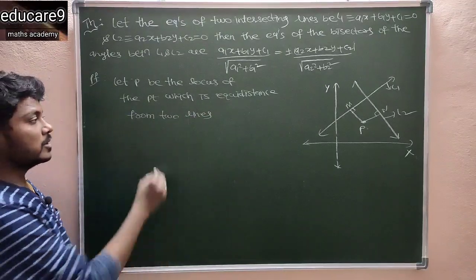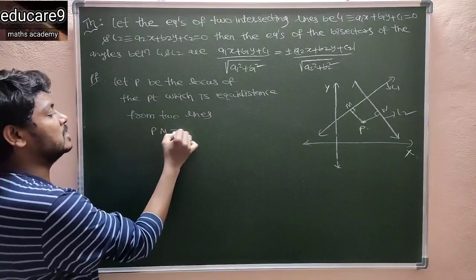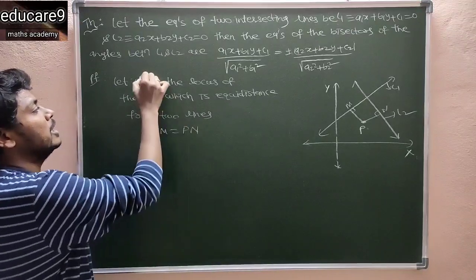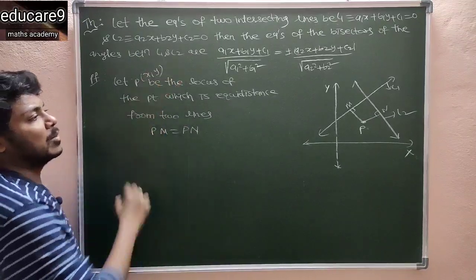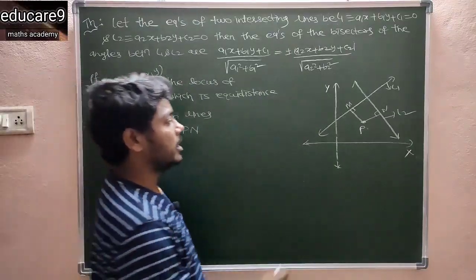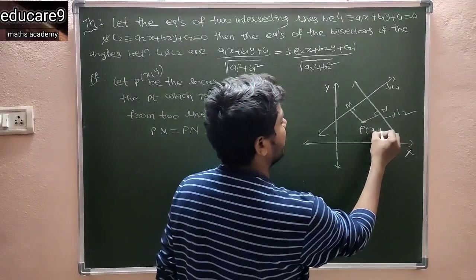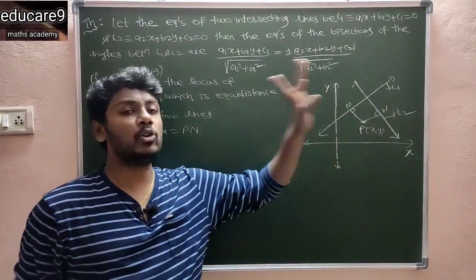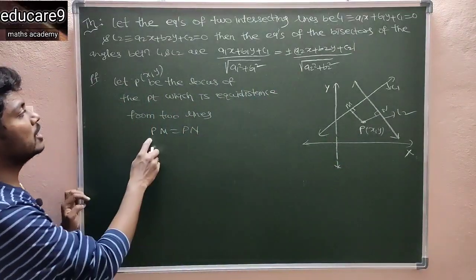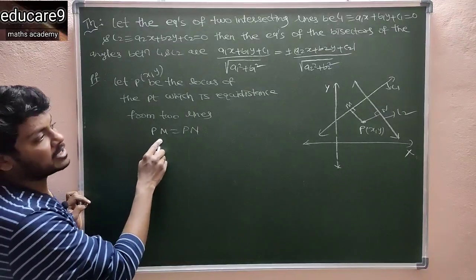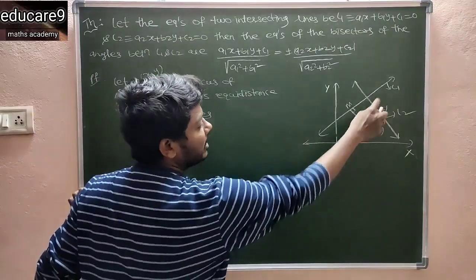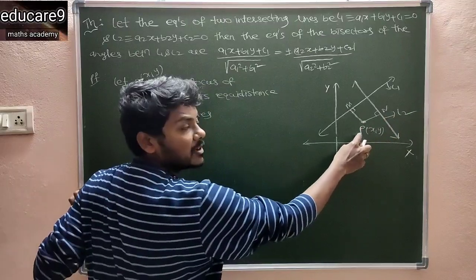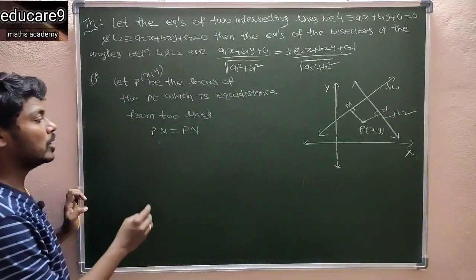That is, PM equals PN. Here P is some point x comma y. You know the formula for the perpendicular distance from a point to a line. PM denotes the perpendicular distance from P to the line L1 and PN denotes the perpendicular distance from P to the line L2.